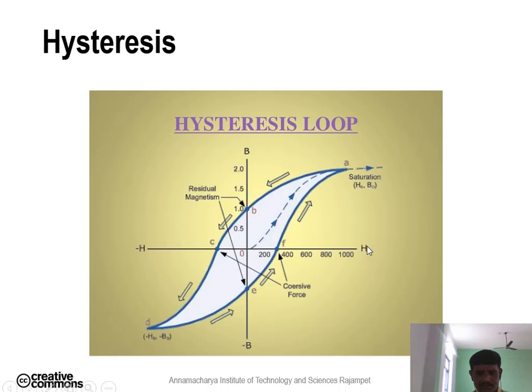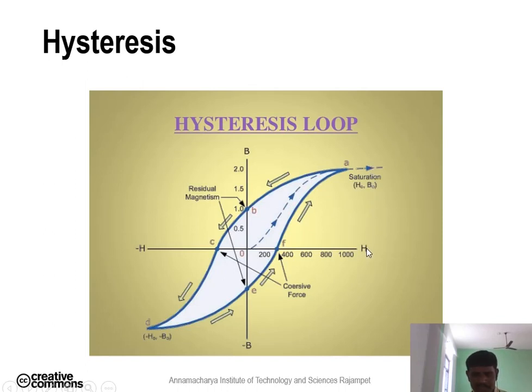If the magnetic field gradually increases, with the increasing field the magnetization also increases along the OA direction. The magnetization is maximum at a certain magnetic field, and this maximum magnetization is called saturation magnetization.